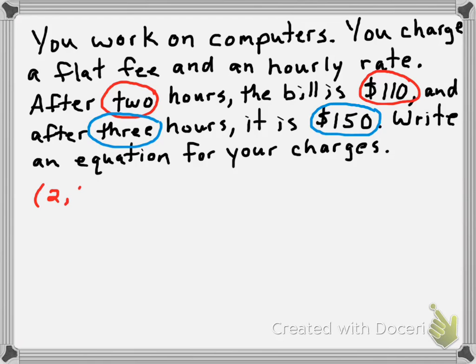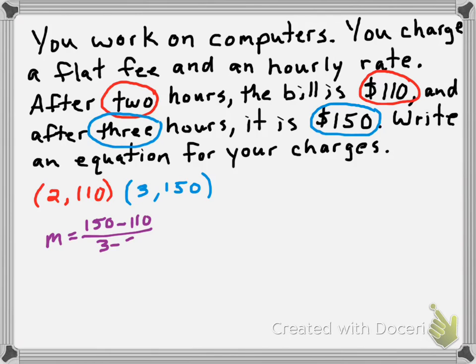That means I have the point (2, 110) and the point (3, 150). So I can solve it just like I have the whole time. I have y2 minus y1 over x2 minus x1. And that gives me 40 over 1, so m is 40.